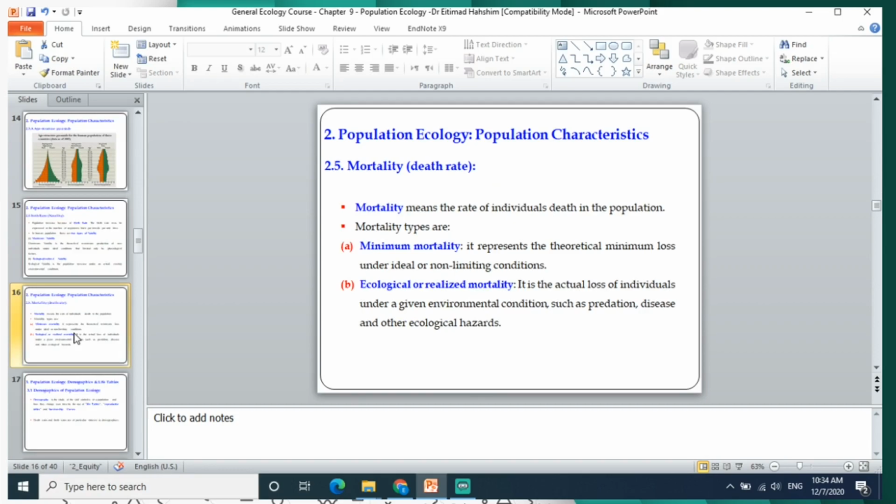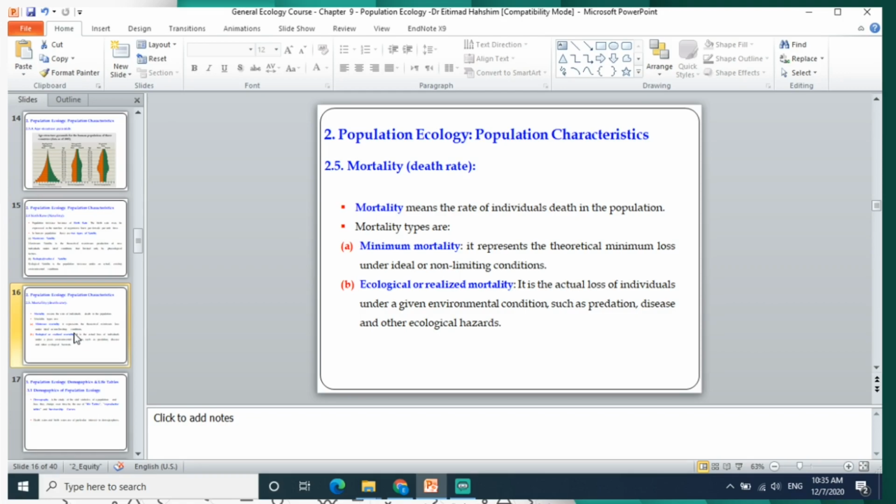Also, population is affected negatively by mortality. Mortality means the rate at which individuals die in the population. Also, there are two types of mortality: minimum mortality and ecological or realized mortality.